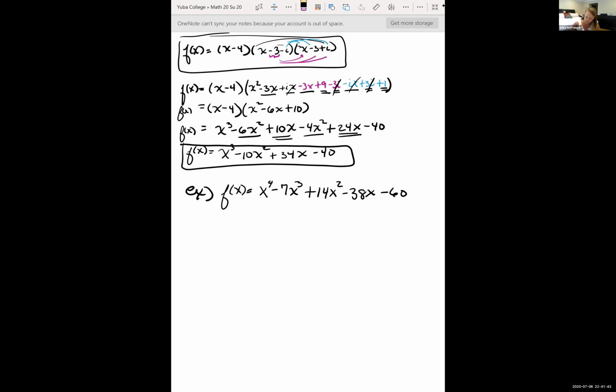And they give us that 1 plus 3i is a 0. Find the remaining zeros.